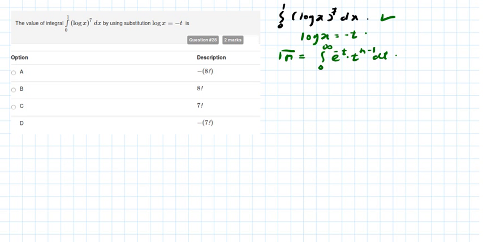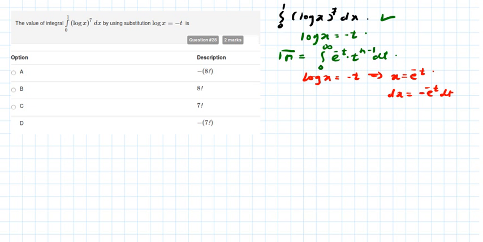Okay, so using this substitution log x is equal to minus t, from this I can write x is equal to e raised to minus t. So by substituting, I'll get dx is equal to minus e raised to minus t dt. Okay, so we need to check the change in limits.